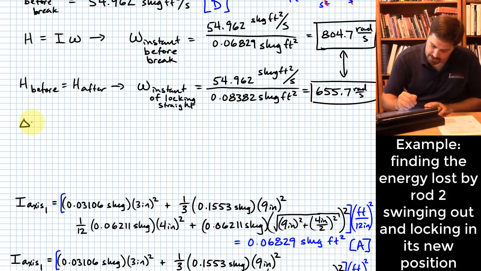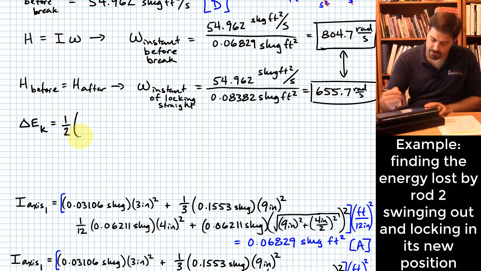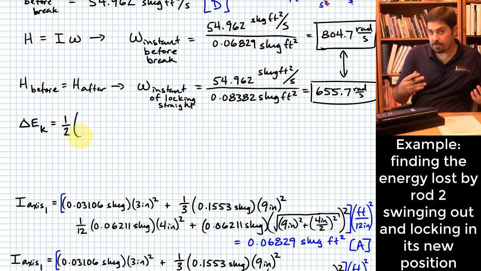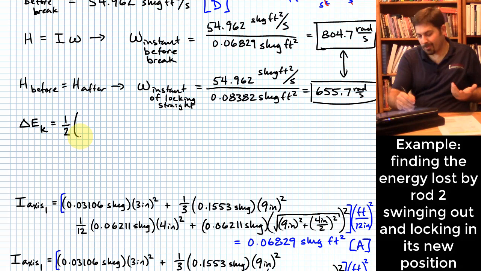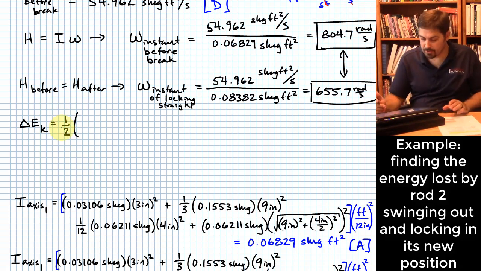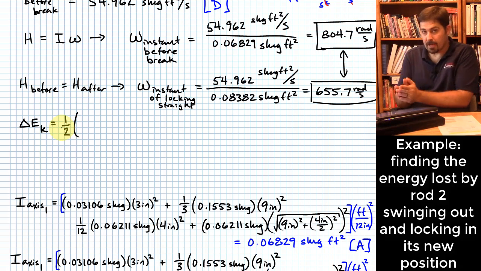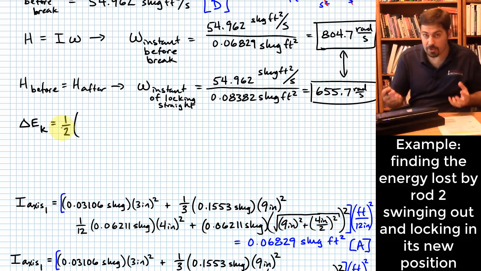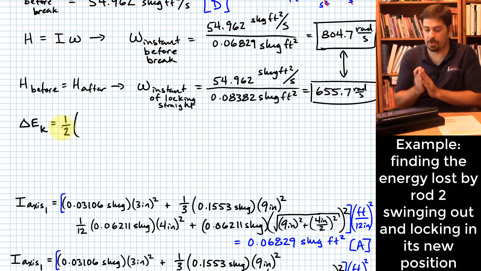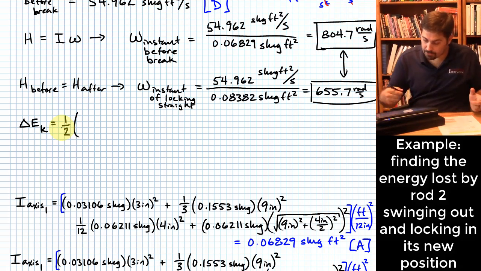So the change in kinetic energy is going to be equal to 1/2 of our final energy minus our initial energy. Well, the 1/2 is in there for both terms, so I'll just put it out here, but it's going to be 1/2 I omega squared. Now we have two different I's and two different omegas for before and after the string broke. So we'll do the final first, right?